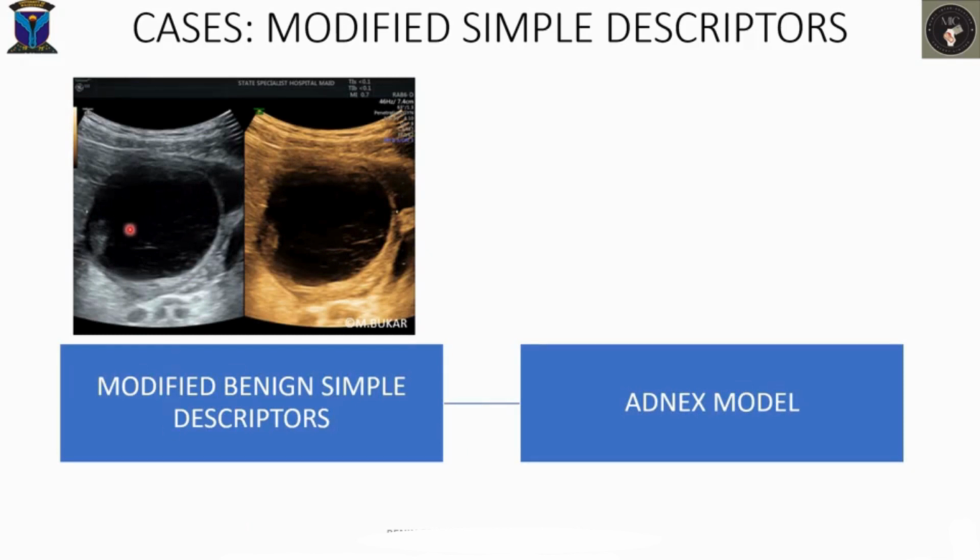What of this cyst? Will a modified benign simple descriptor apply or not? Yes, it will. Why? Because this is a unilocular cyst with regular cyst walls. What we see here is blood clot and not solid tissue. So the benign simple descriptor will apply. So there's no need for the ADNEX model because this is a unilocular cyst, not a unilocular solid cyst. It is a unilocular cyst because this is not a solid lesion, but blood clot.